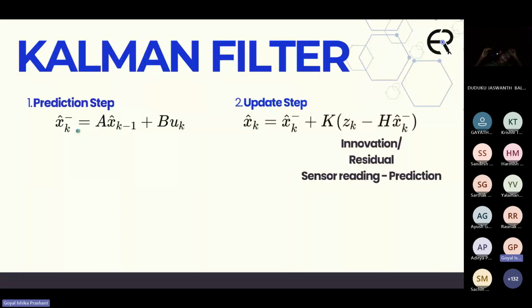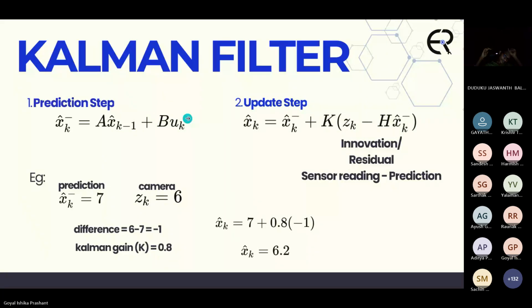So let's understand this with the help of an example. Say our prediction happened to be 7, and the camera said that it was at 6. So this error term will be calculated by subtracting the 7 from 6 to get -1. And then we will multiply it with this factor. Now this is called the Kalman gain. Now the Kalman gain basically represents the trust factor. How much do we trust our sensors?